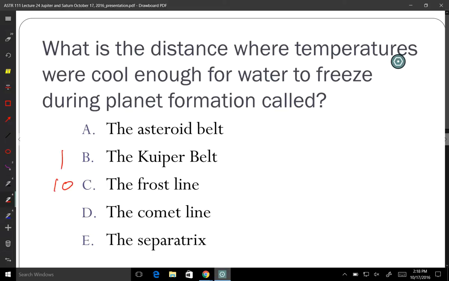Okay. All but one got the frost line. The frost line is the point where it was cool enough to form ice.